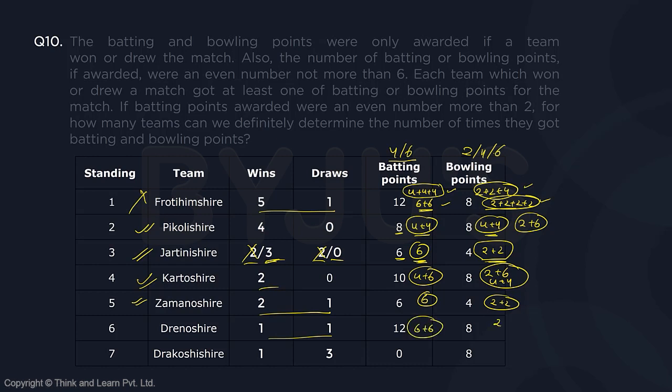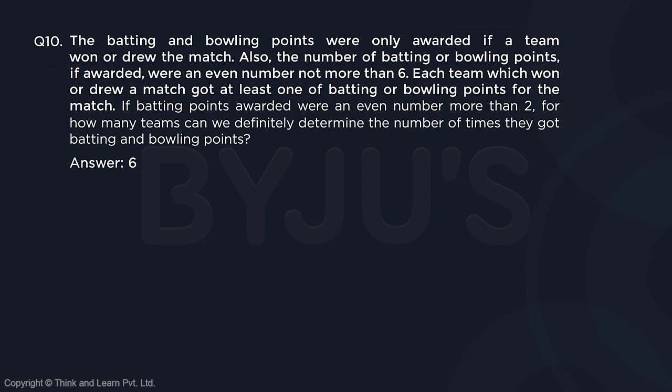This can be 2 plus 4 or 2 plus 6 or 4 plus 4. So again we can calculate the number of times. This we can have 4 matches. This is already covered as 2 plus 2 plus 2 plus 2. So except F, every other team is possible. Okay. So the answer for this question will be 6. 7 minus 1. Right? Are we clear? Okay.